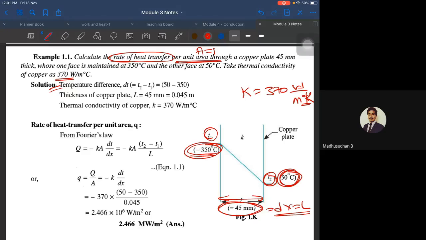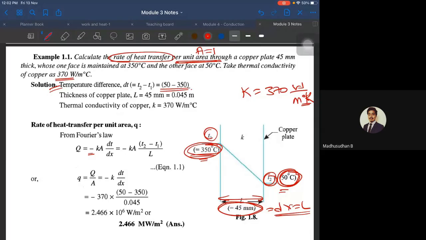T2 minus T1, that is 50 minus 350. Always the value you get will be negative. Why? Because you're transferring the heat. The heat is getting lost from one surface to the other surface.